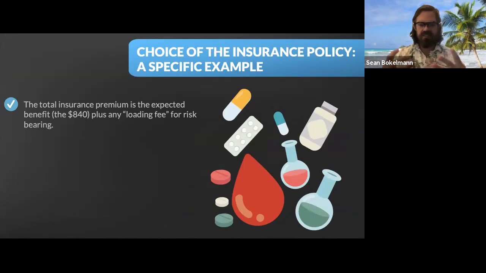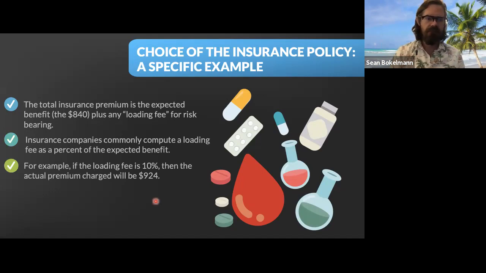Okay, so what does the consumer have to pay for this? Well, it's going to have to pay something more than the $840, otherwise the insurance company would lose money on average. So it's going to be the $840 plus a loading fee. This covers the administrative costs of the insurance company and anything else that they have to pay for. A lot of times this loading fee is just a percentage of the expected benefit.